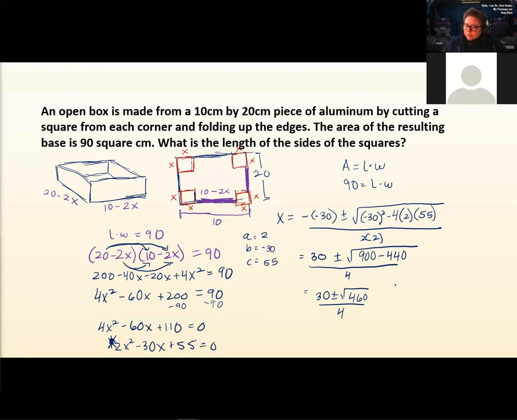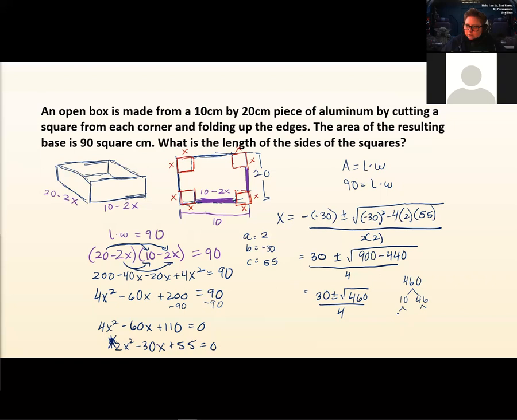If we were to simplify 460, what is the smallest perfect square that goes into that? Okay, so if we broke this down, what times what is 460? 10 and 46, right? That's a quick one.